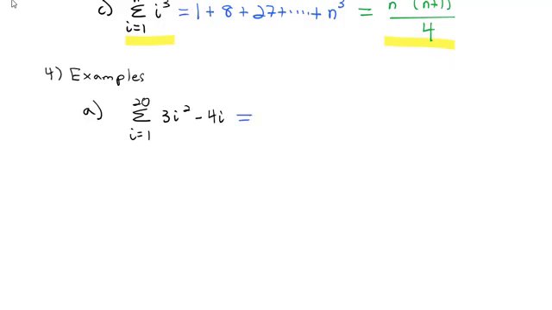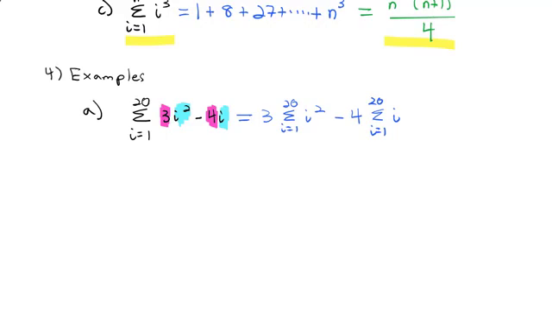To break this down into manageable pieces, we'll use some of our properties that say the constants of 3 and 4 can end up in front of the sum that'll sit on the i squared and the i. So when I break this up, we'll pull the 3 out front times the sum as i goes from 1 to 20 of i squared, minus 4 out front times the sum as i goes from 1 to 20 of i.